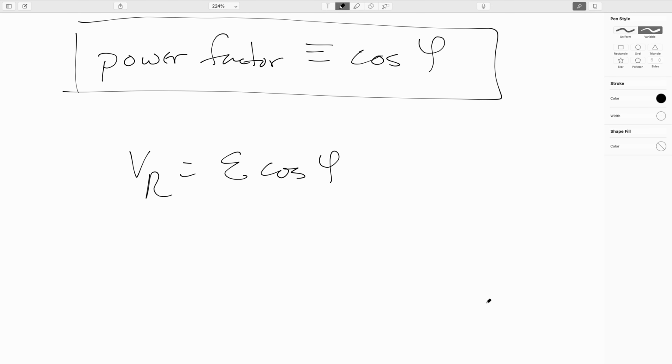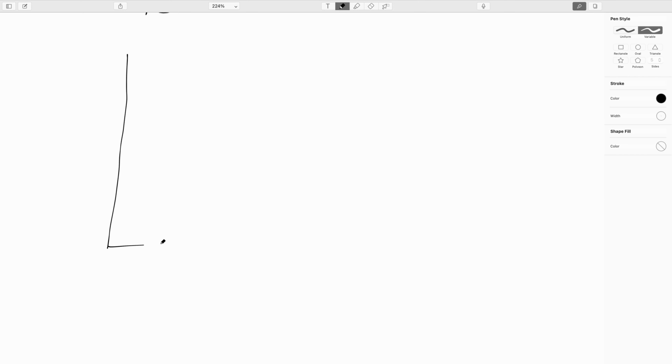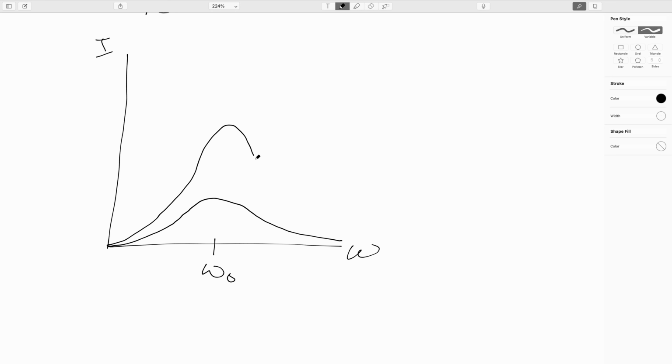So if we go ahead and plot out current as a function of the frequency we drive the circuit at, let's mark this as the resonant frequency. You'll see the same kind of quality factor things that we saw before with mechanical simple harmonic oscillators.